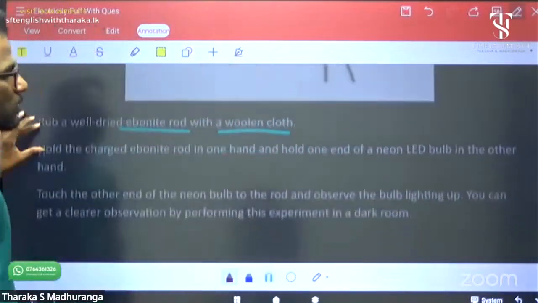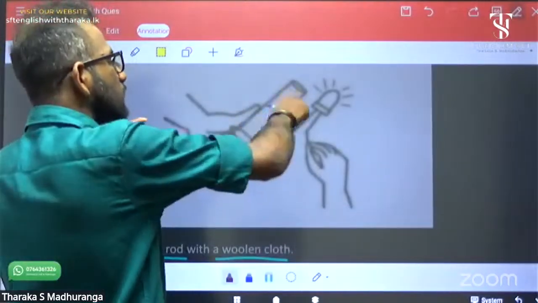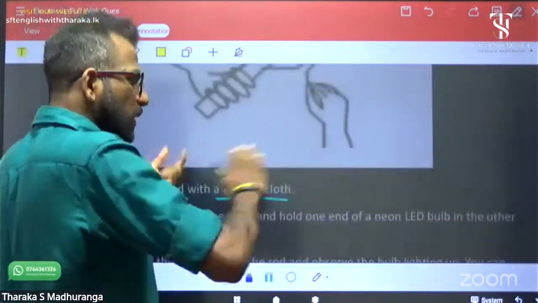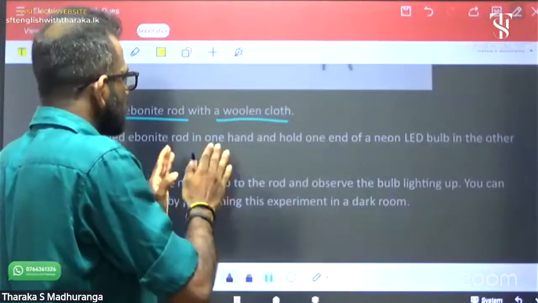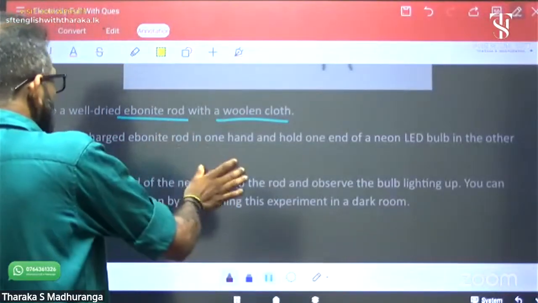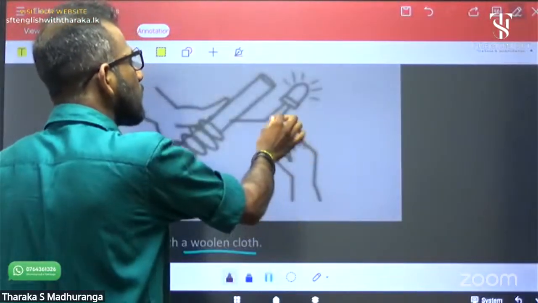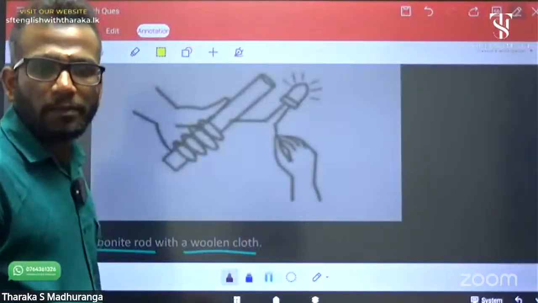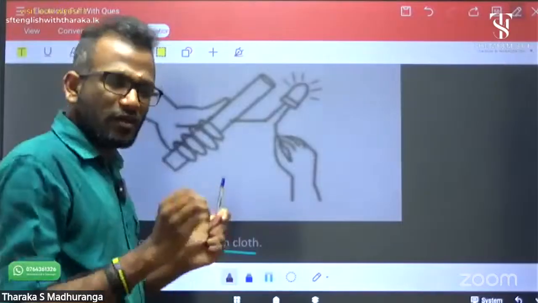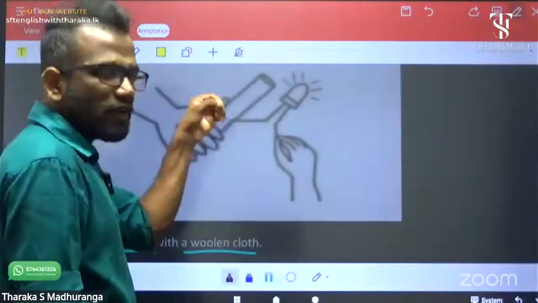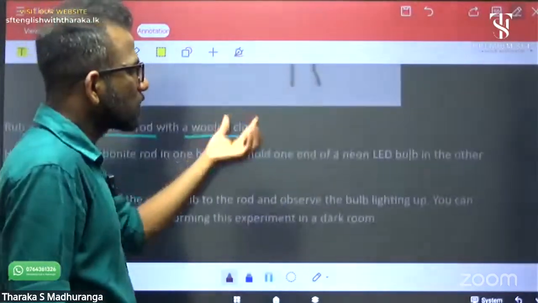You can rub this rod with your hand or using cloth, and after a few minutes you can touch an LED bulb. Then for a very few milliseconds, a very small time, the bulb glows.